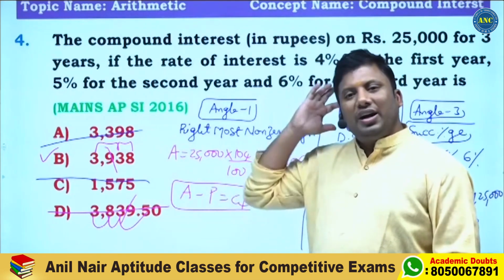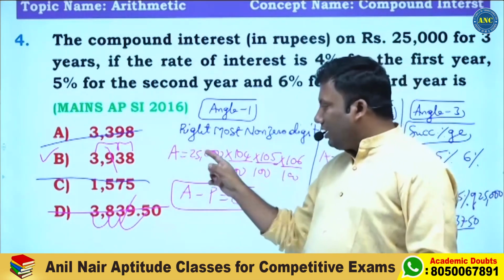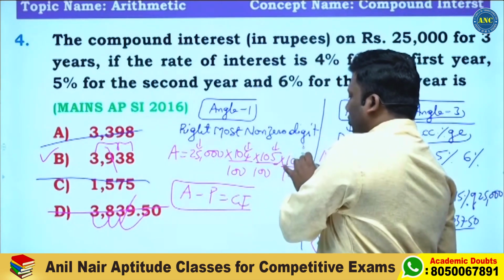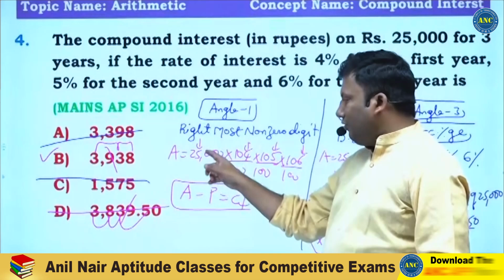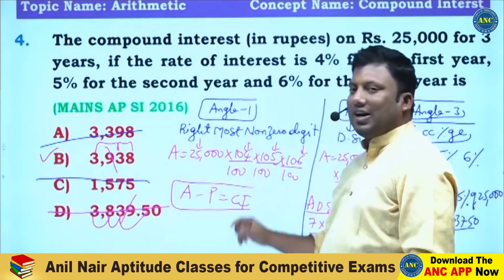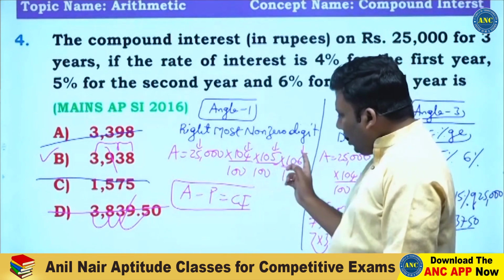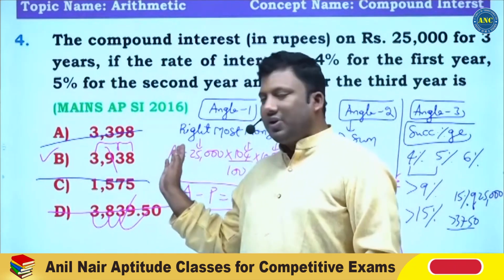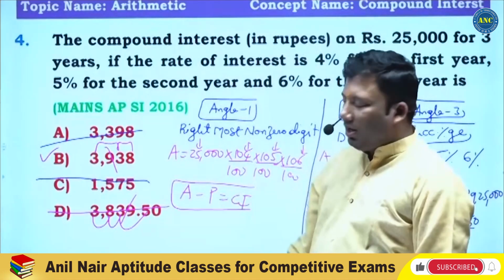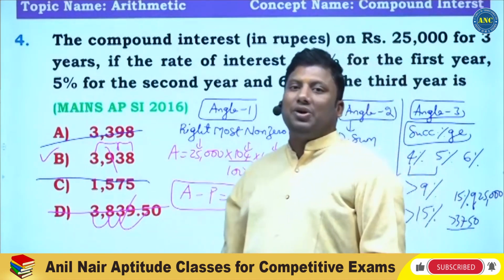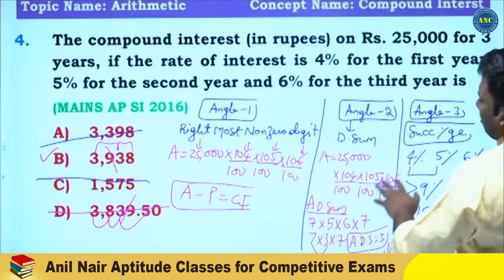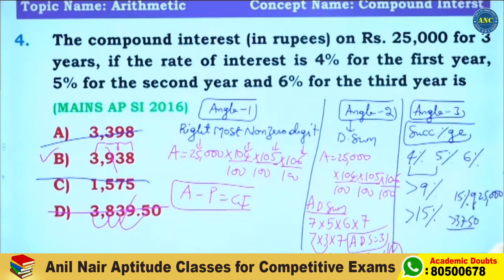Apply this and you will get the unit digit 8. How to do it? The rightmost non-zero digit is 5. 5 into 4 into 5 into 6: 5 4s are 20, 25s are 100, 106 are 600. Calculate the rightmost non-zero digit for the amount, subtract it from the principal, and you will get the compound interest unit digit. I hope it is clear.